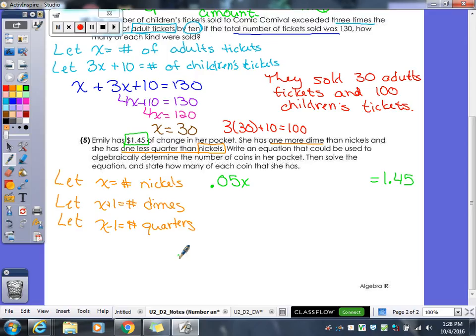So 0.05 times the number of nickels, so 0.05x. Dimes are worth how much? Yep, so 0.10 times our x plus 1. And then quarters are worth 25 cents. So it would be 0.25 times x minus 1.